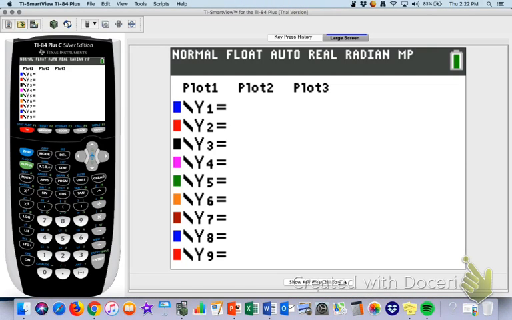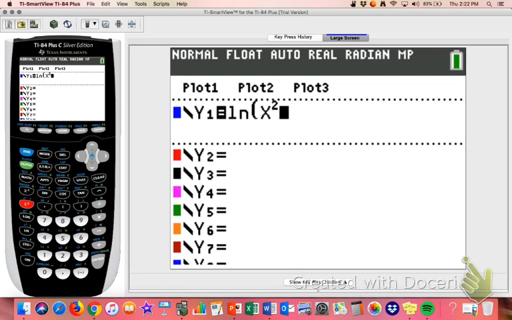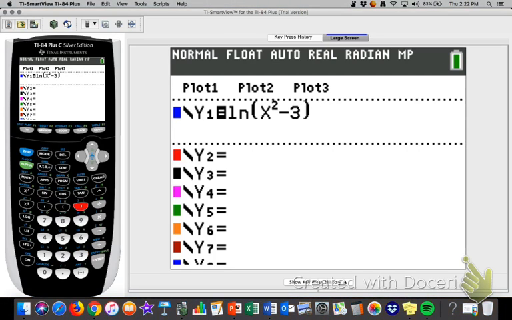So I'll have the natural log of x squared subtract 3. All right, so that function is saved into y1.